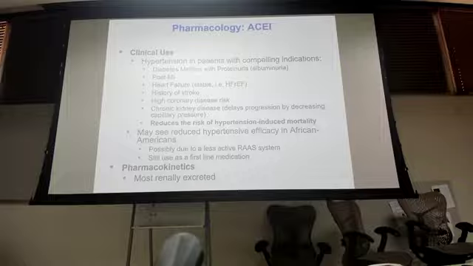Stroke, history of a stroke. High coronary disease risk. How do we calculate that? ASCVD or PREVENT. Remember way back when, an hour ago, we talked about it? If you see these comorbidities, think ACE. These compelling indications: hypertension with diabetes, proteinuria, chronic kidney disease, post-MI, post-stroke, a high coronary artery disease risk.